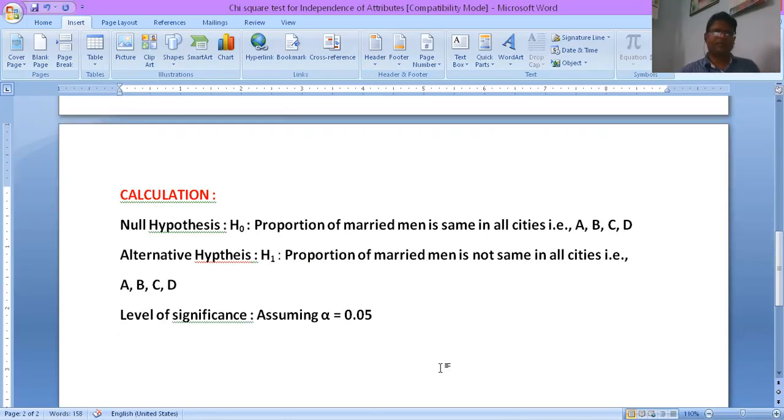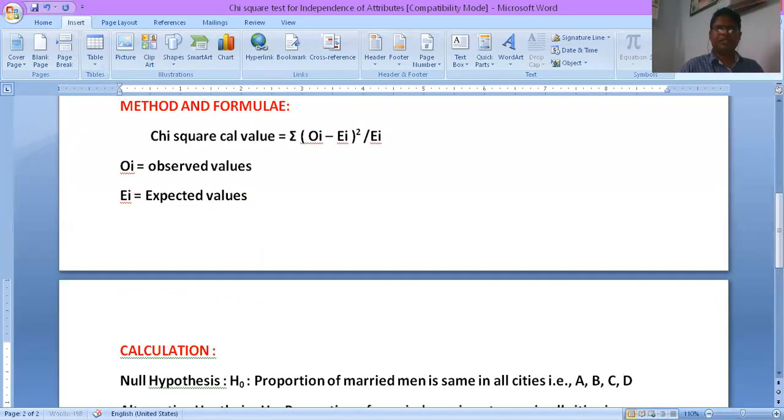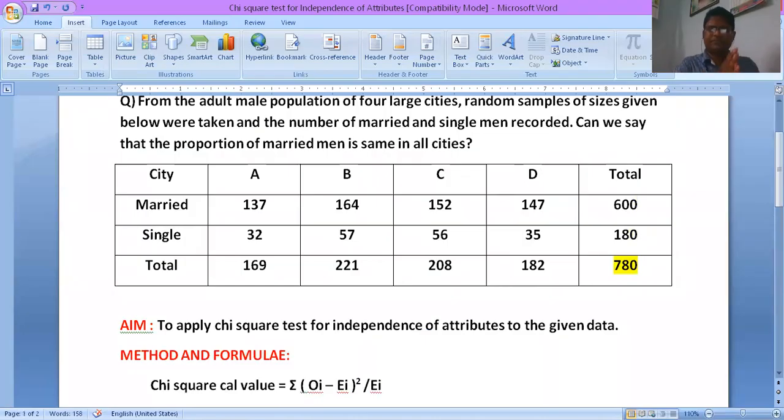Let us start working out this problem. Let us look at the table first. This is a second version of a chi-square test. From each city, we have the data regarding married men and singles: 137, 32, 164, 57, 152, 56, 147, 35.